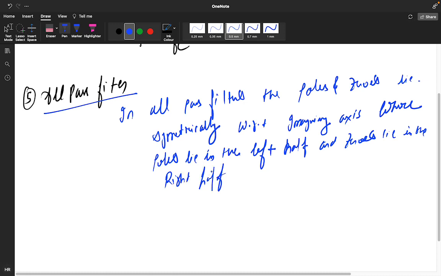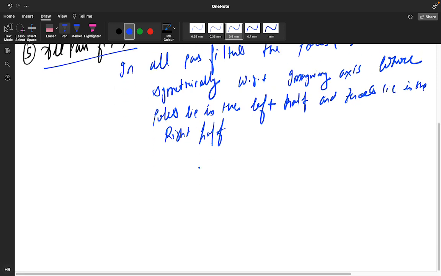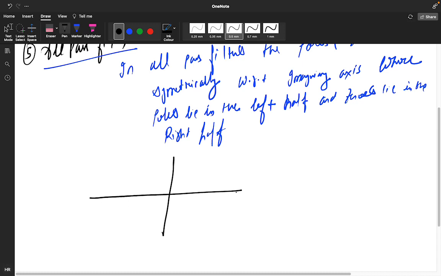The poles and zeros concept I will teach you in control system, but for now draw this graph. Suppose you are getting s plus a divided by s plus b. Then minus a will be your zero, from the numerator part, and minus b will be your pole.